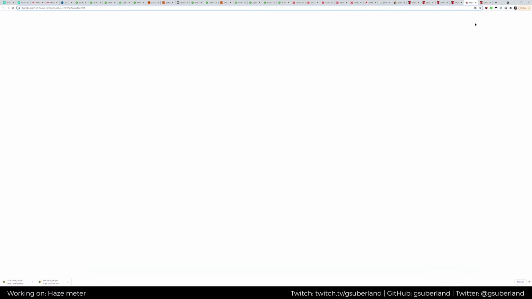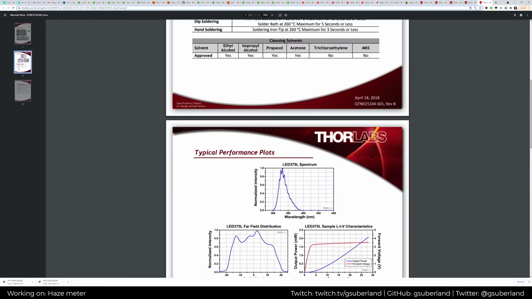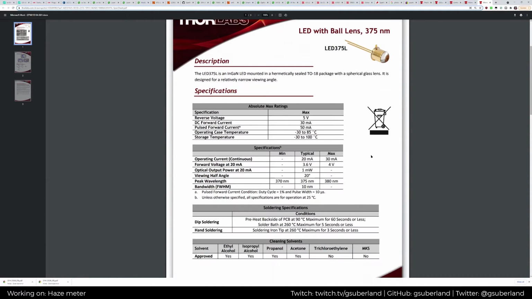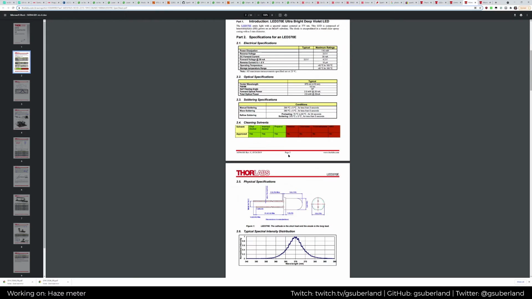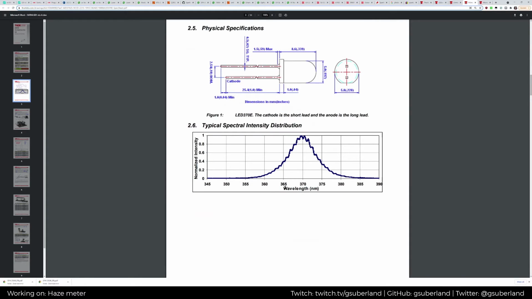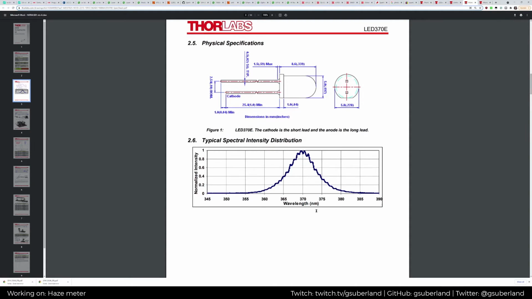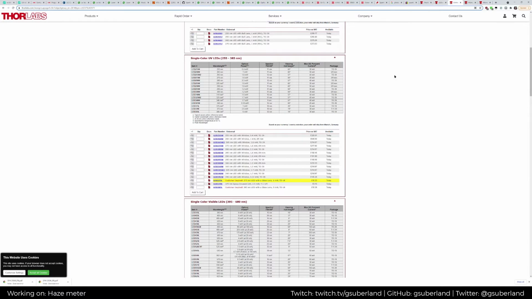So here's the 375. You hit 0 at 360. And then here's the 370. You get a tiny, tiny amount, about 355, and then it's just flat. So there's nothing down below that end. The broader spectrum of this one is slightly better, but that doesn't really help me there.